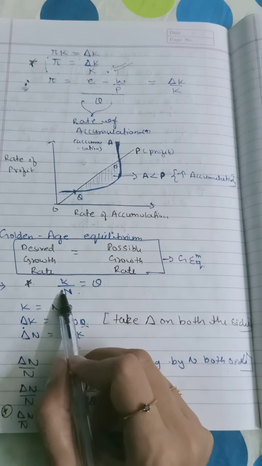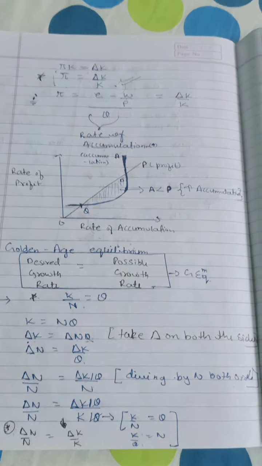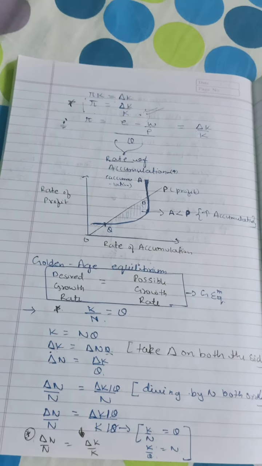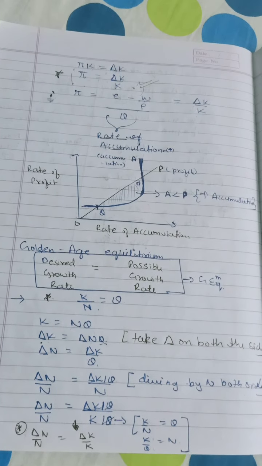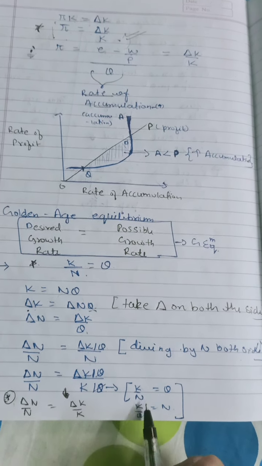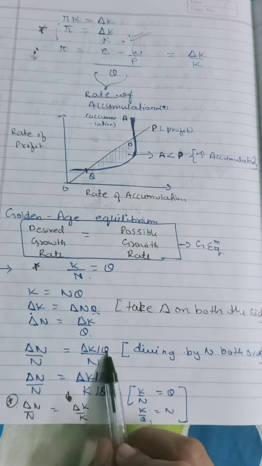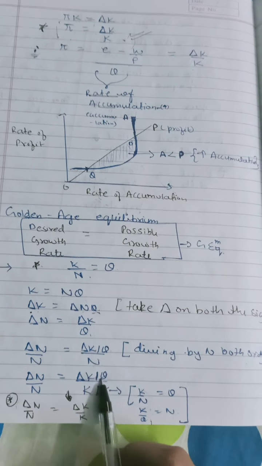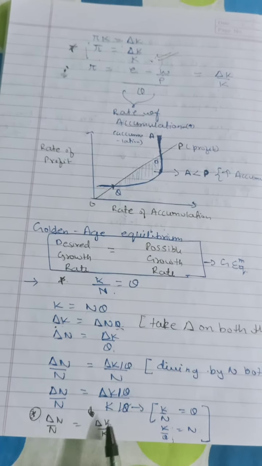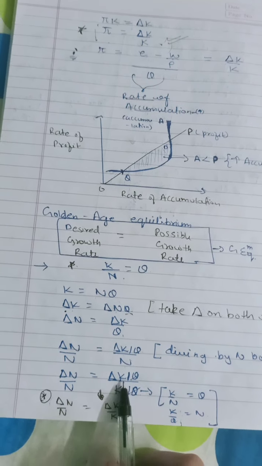From this equation, if you take out the value of N, then you will get K upon this constant. So change in K upon constant, and this N will be turned into this K upon this constant equation, and you'll cancel out this constant and you are left with this only.